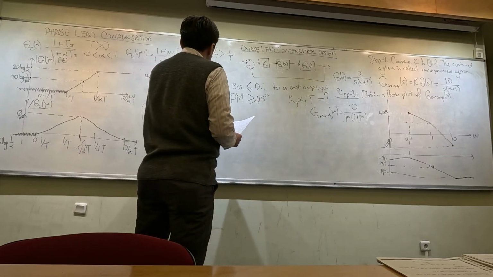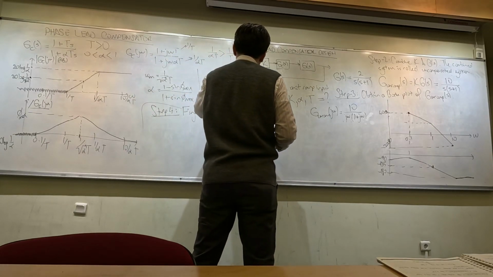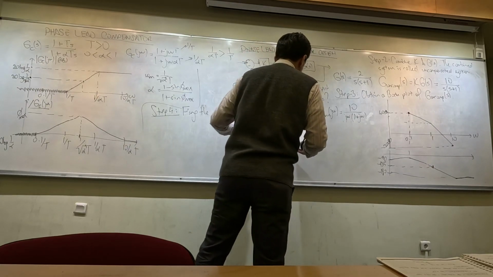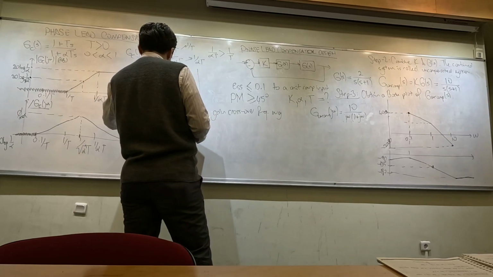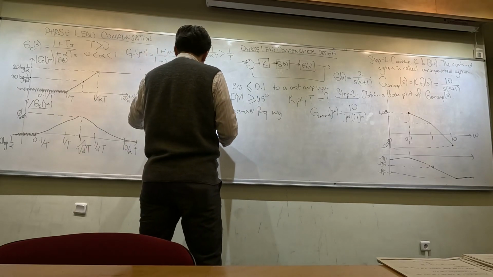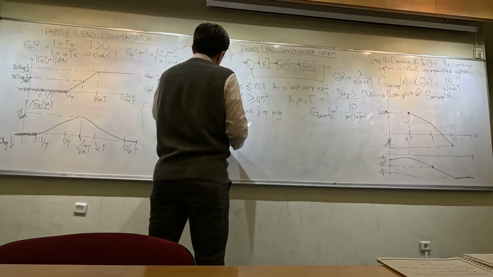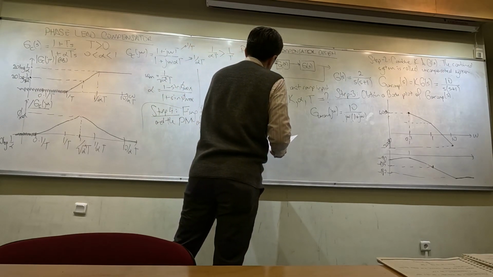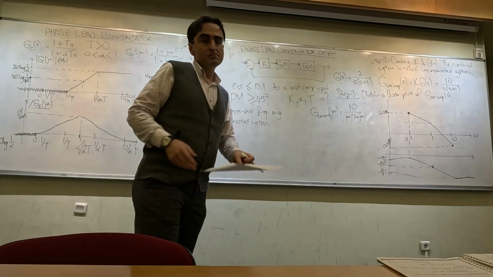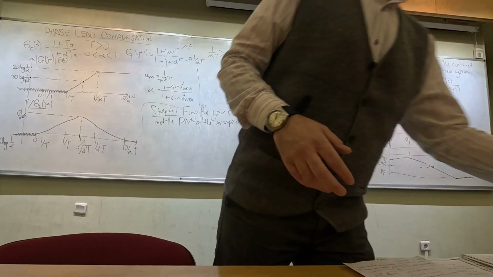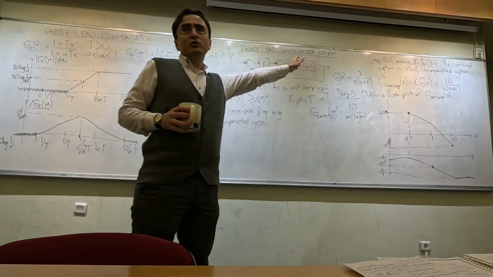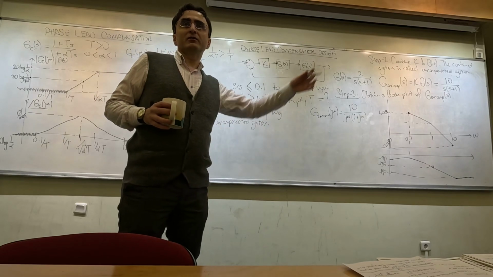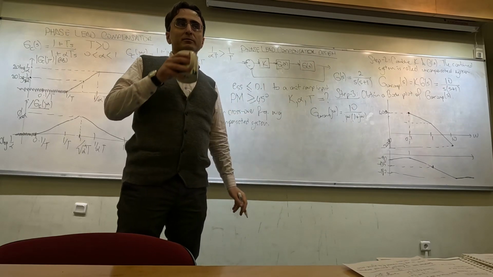Find the gain crossover frequency omega g and the phase margin of the uncompensated system. Do we do that analytically or from what? When you have the transfer function, you can do it analytically, but in the graphical design, we will just check it from the Bode plot. Okay.